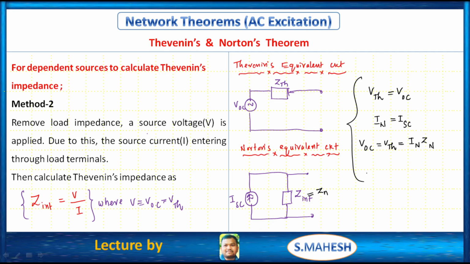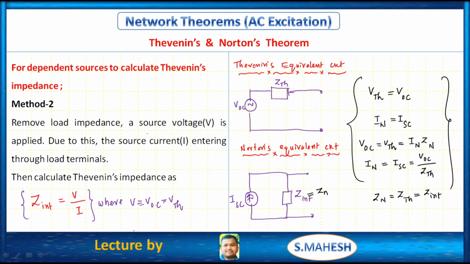Then IN, Norton's current, equals the short circuit current, which equals VOC by ZTH, where Norton's impedance and Thevenin's impedance both equal the internal impedance. These are the observations from both Thevenin's and Norton's equivalent circuits, right?